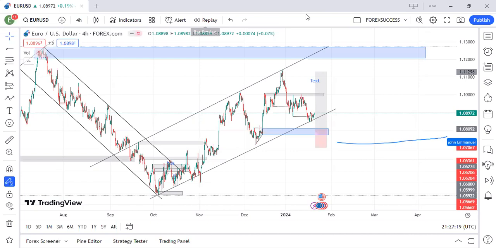Okay. So what I was saying is about instant execution, buy limit and sell limit. Instant execution is for when sometimes you make your analysis, and there are some confirmations you are yet to make on it, so you didn't place the buy limit or sell limit.